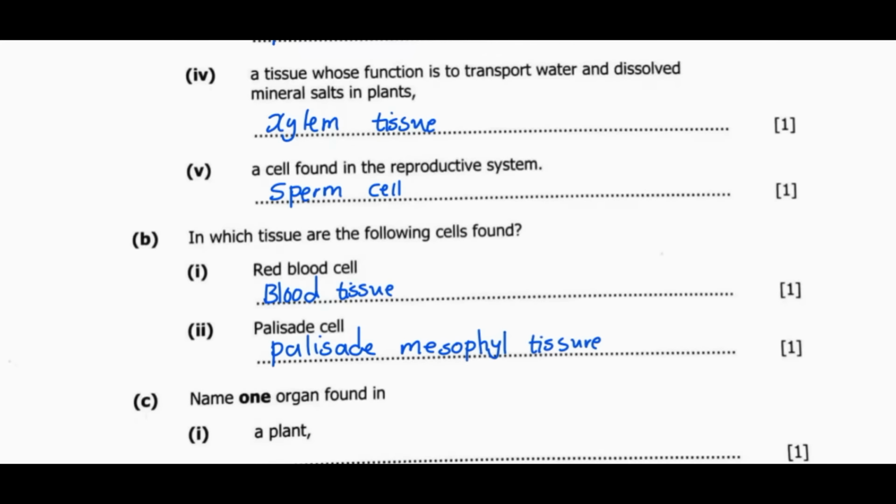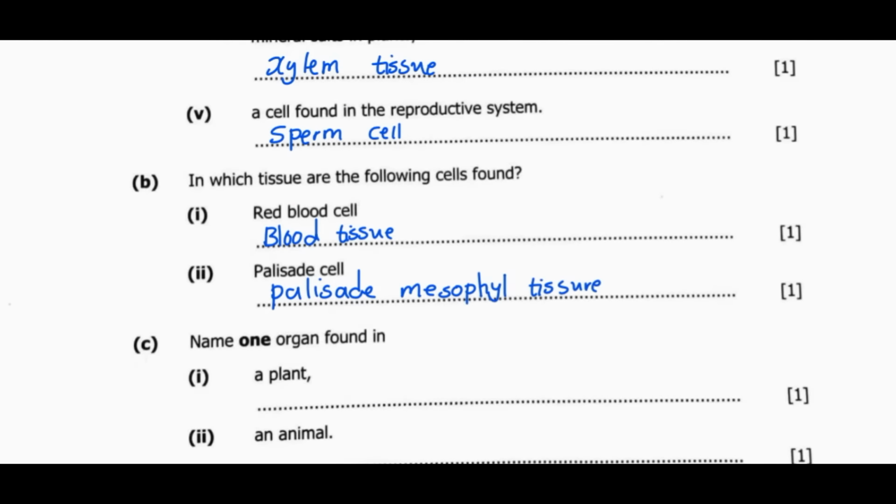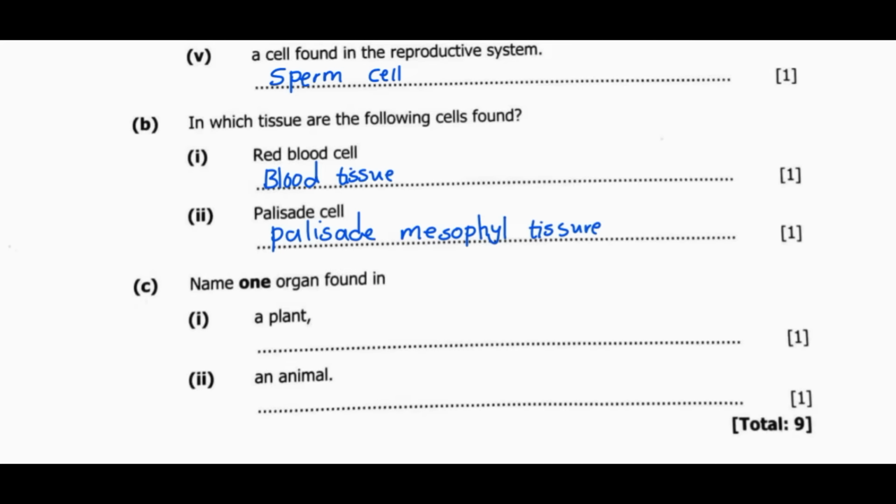Then we move on to question C. Name one organ found in a plant. So there are so many organs. The first one, we know that roots are organs. Then stems also, they are organs. Even leaves are organs.